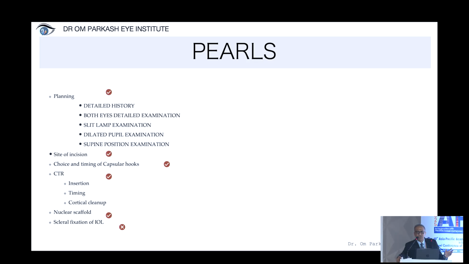So the CTR insertion technique is very important, and the timing is very important. Cortical cleanup, how you have to do it, and not to forget how we use the nucleus as a scaffold, which can help us delay the insertion of these external aids. Scleral fixation of IOL: we have a big array of methods by which we can do it.